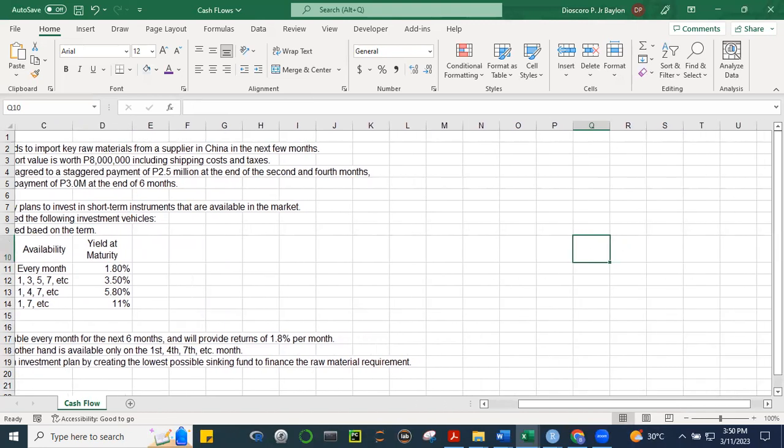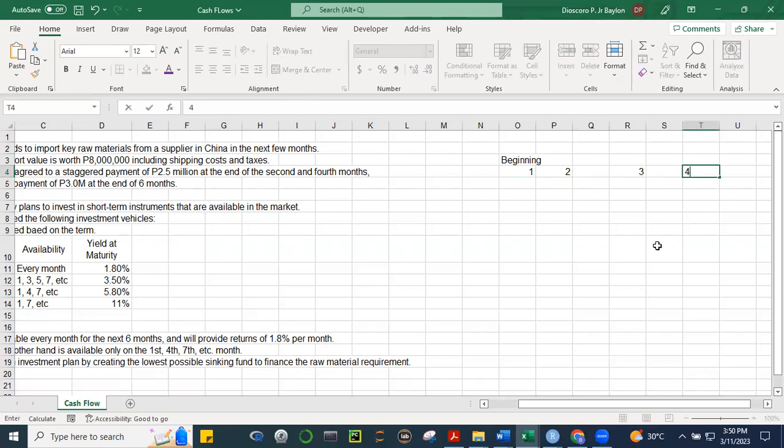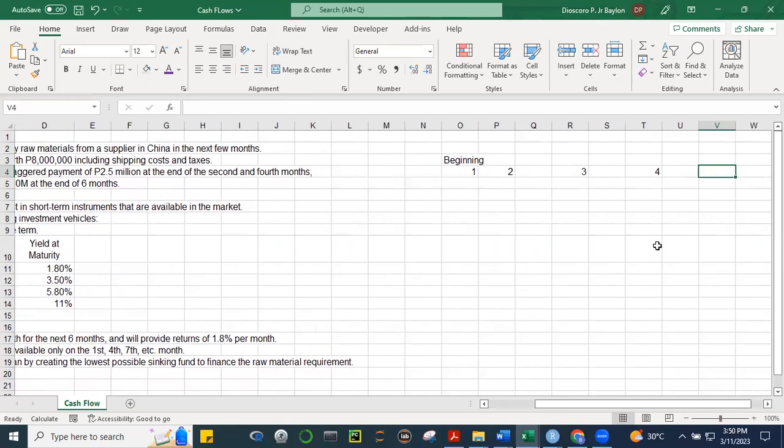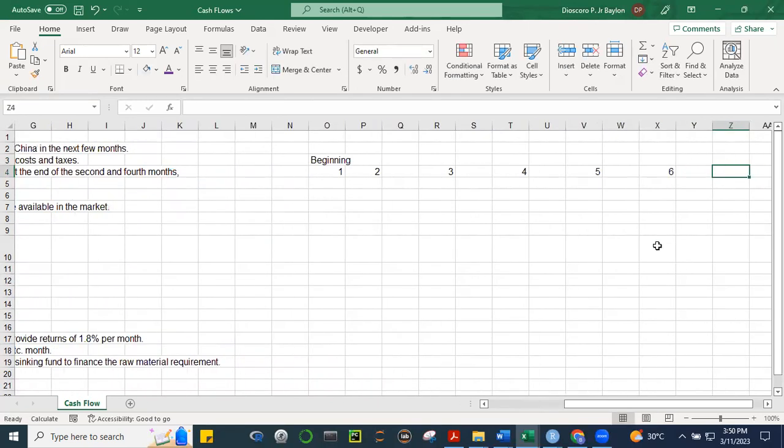All right, so let's plot first our timeline. It's very important to understand our timeline. So let's peg this at the beginning. The beginning of month 1, beginning of month 2, month 3, month 4, month 5, month 6, and it will be up to month 7.